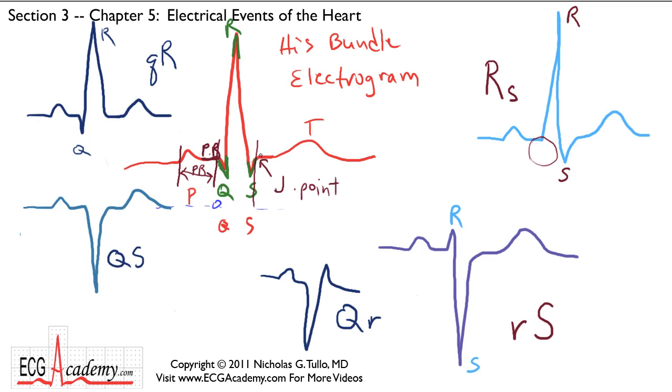And the flat segment that follows the J point before the T wave starts is known as the ST segment. ST segments are very important when we start to try to diagnose ischemia or infarction, because you'll sometimes see, for example, in ischemia, the ST segment become depressed compared with the rest of the signal.